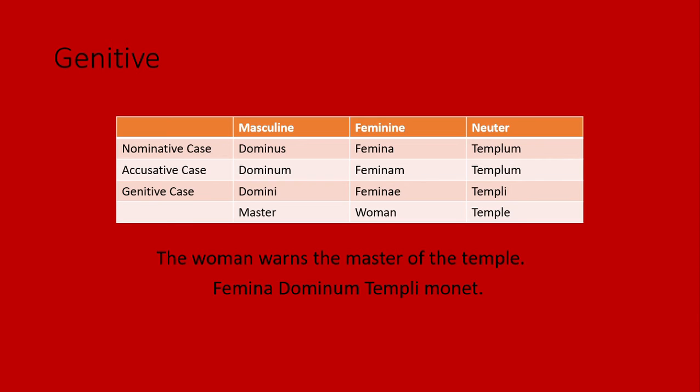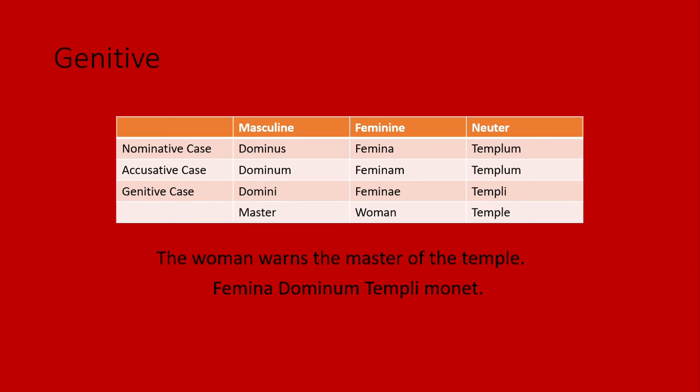So in this example, the woman warns the master of the temple. Obviously the master in this case belongs to the temple in a sense. So femina dominum templi monet.